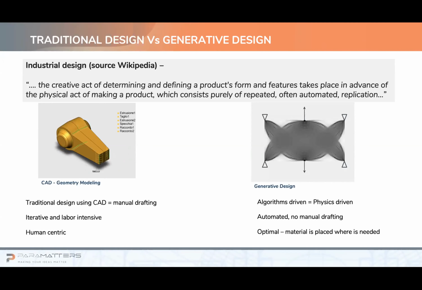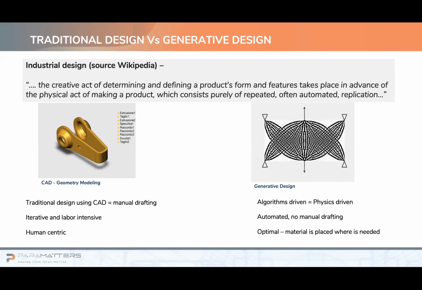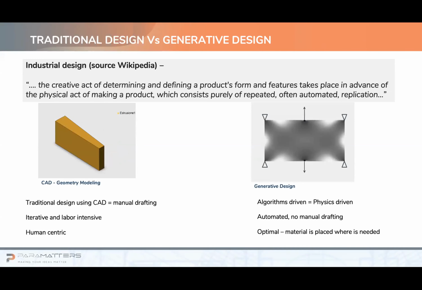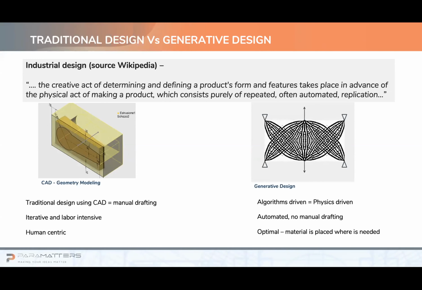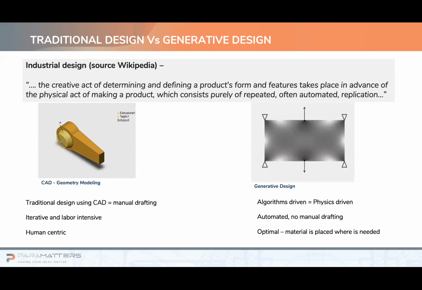And the way generative design works is that we need to provide the algorithm with a working volume. We apply boundary conditions, we apply load cases, and we specify our goals. Now, if we change loading conditions, of course, the shape will change as well.